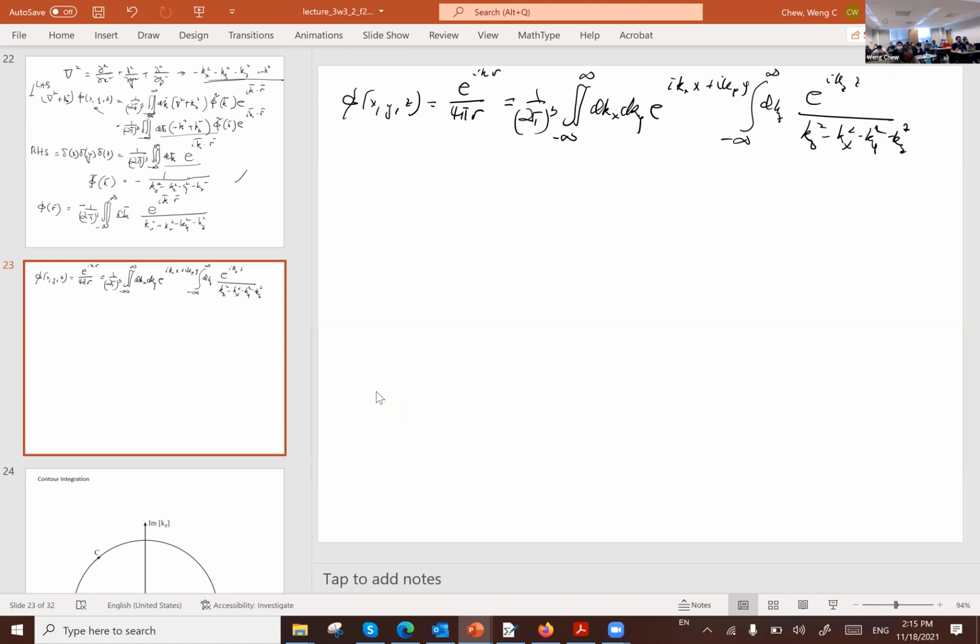And I ask myself if I know how to evaluate the innermost integration. Can you see what I've done? I just put 2 of the integrations outside and put 1 innermost one in the inside.